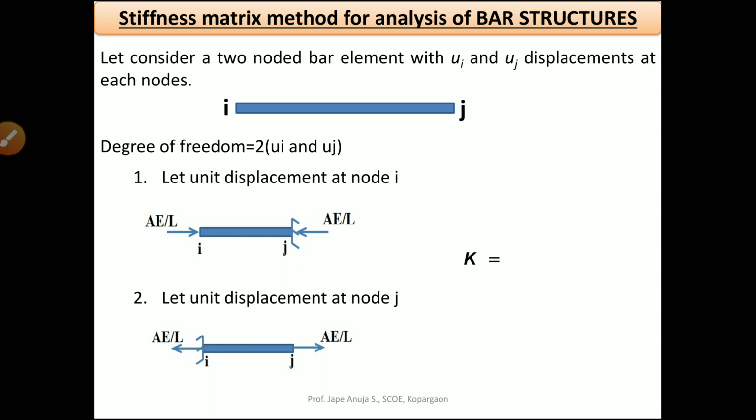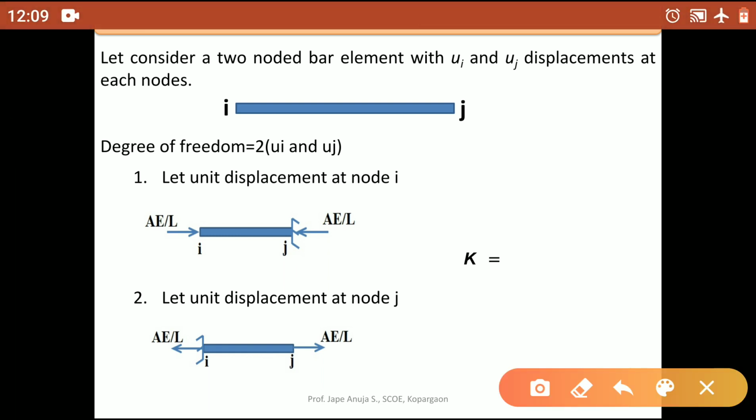The very first element K11 signifies the element in first row and first column, the stiffness at first node because of unit displacement at first node. That stiffness can be written as plus AE upon L. The next element will be minus AE upon L, that is the stiffness at second node due to unit displacement at first node.